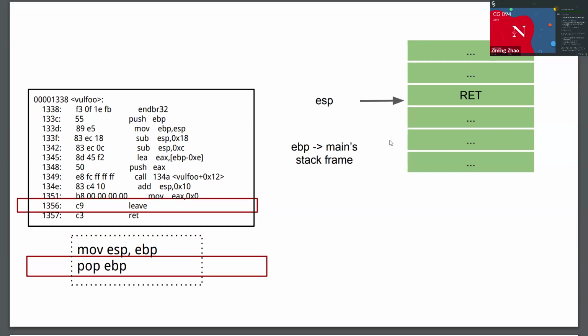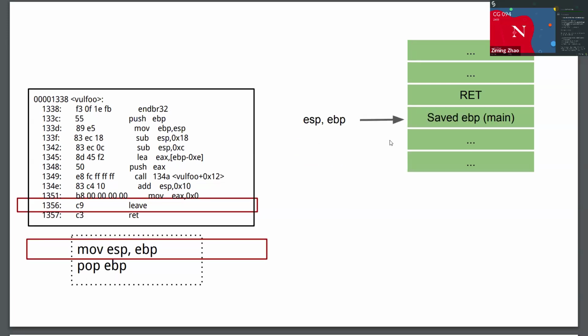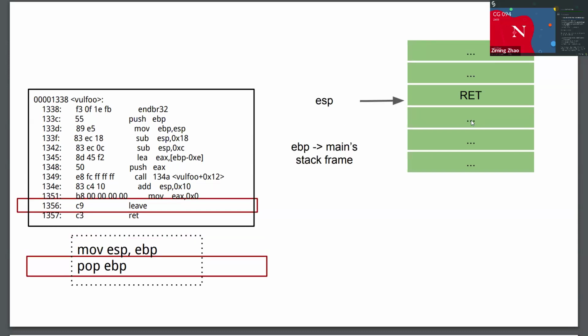So pop EBP is actually restoring the previous function's frame pointer. So what is saved on stack? The saved EBP goes back to the register EBP, and the ESP moves up 4 bytes. So ESP now points to the return address.